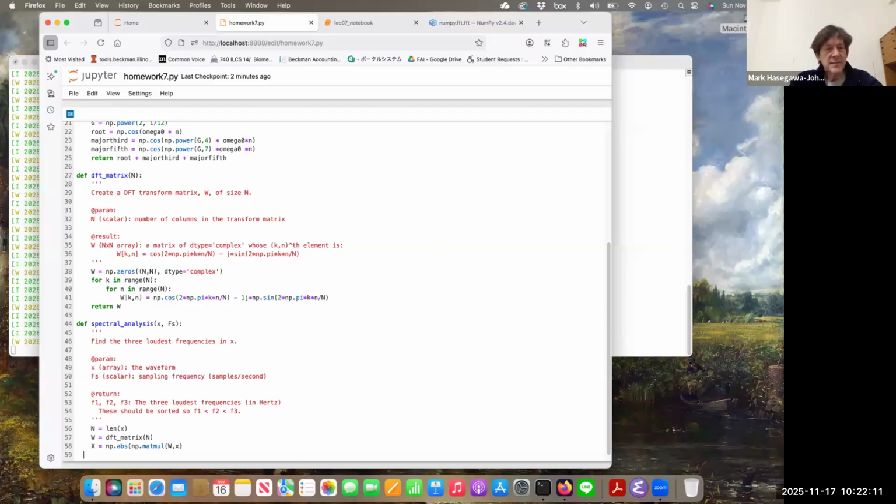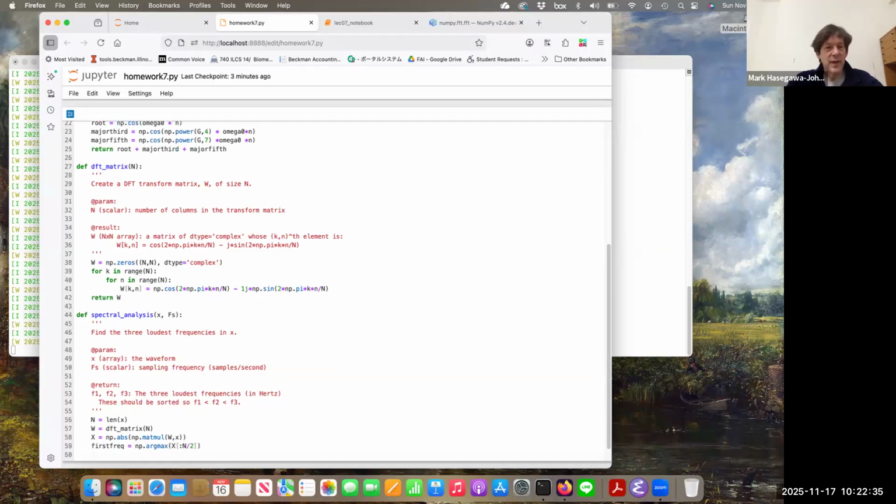And then let's take its absolute value. And then let's say first frequency is equal to np.argmax of X. And I just want X through capital N over 2 because anything after that will be aliased, right?